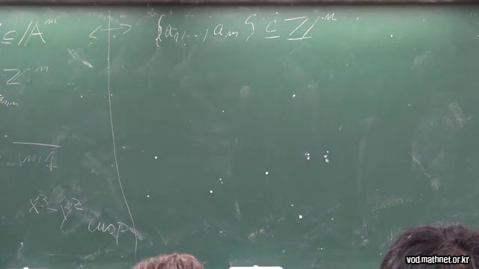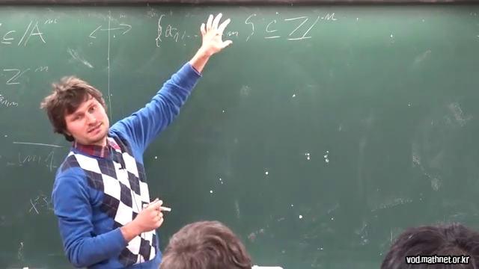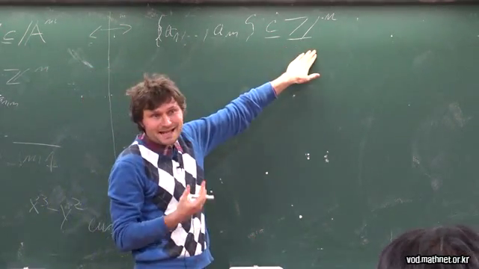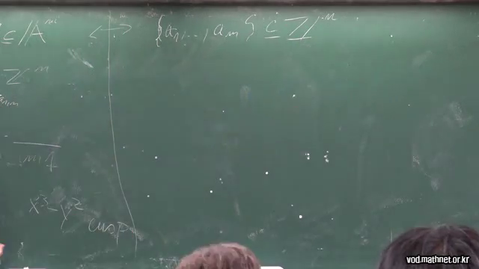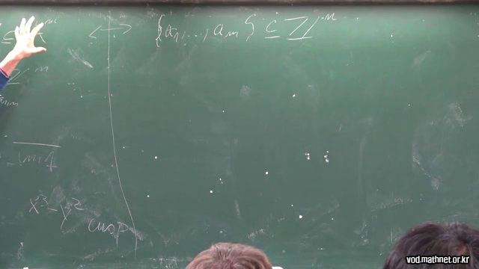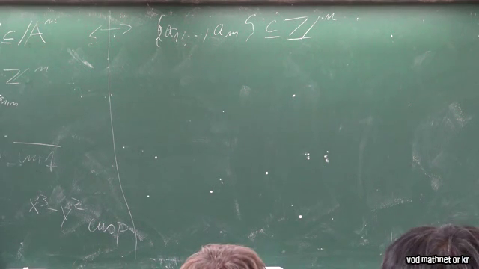And this goes both ways. If we have an affine toric variety, we can find the corresponding subset of lattice points. But if someone gives you any subset of lattice points, it gives you a toric variety with an equivariant toric embedding in an affine space.